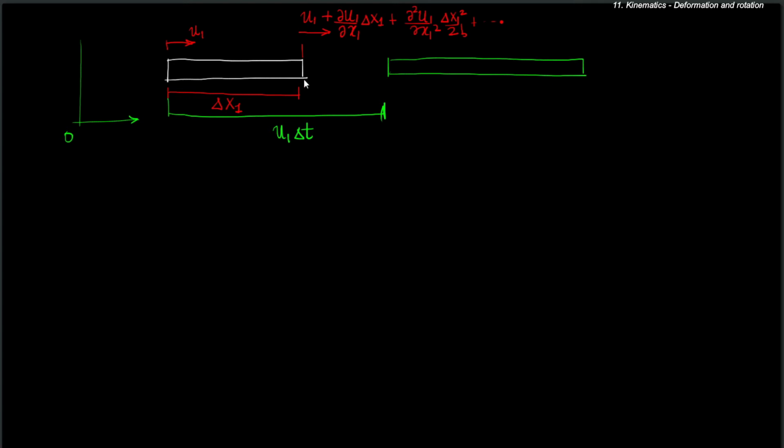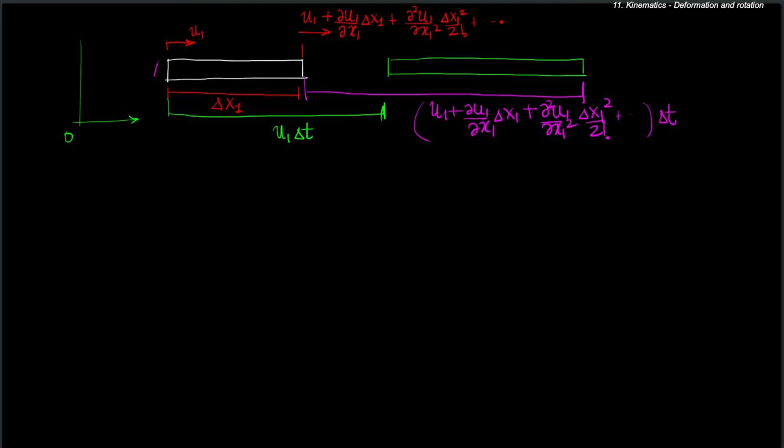So after a time delta t, the left end has traveled a distance u1 times delta t, while the right end has traveled a distance equal to u1 plus del u1 del x1 times delta x1 plus the higher order terms, this entire thing multiplied by delta t.